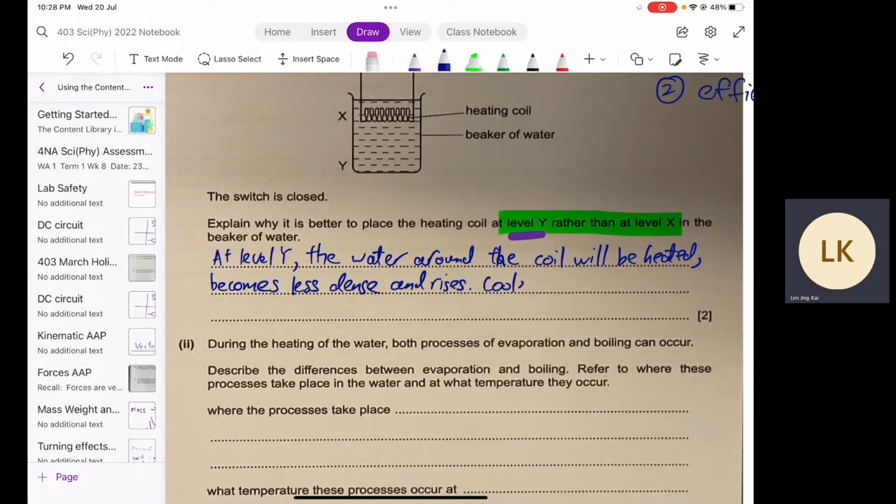Cooler water from level X is more dense and will sink.